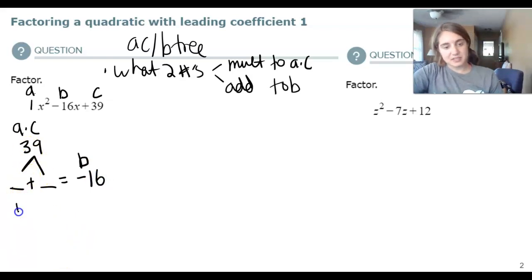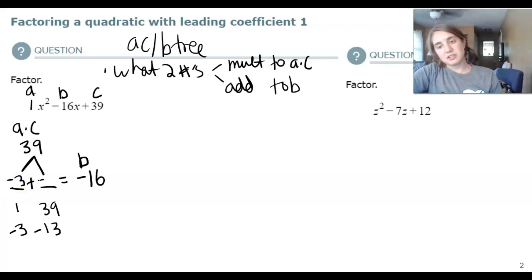There's a couple ways to think of this. 39 is 3 times 13. I see that 3 and 13 get me to 16, but not the negative, so I'm going to make both of them negative.